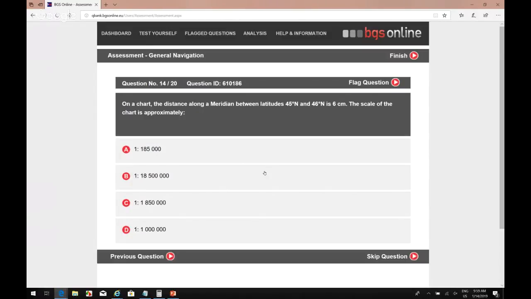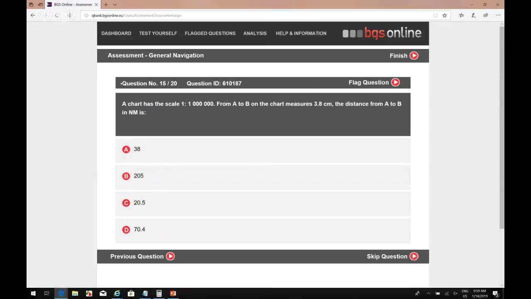So 60 nautical miles times 1852 times 100 is 11,112,000 centimeters. Divided by 6. That's 1,852,000. Scale of the chart is approximately C.